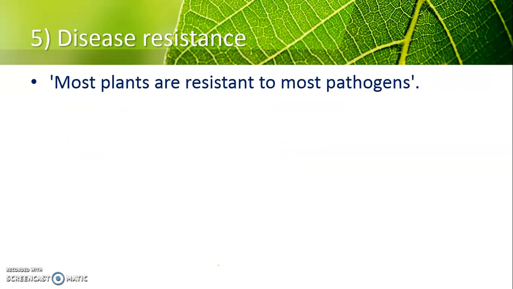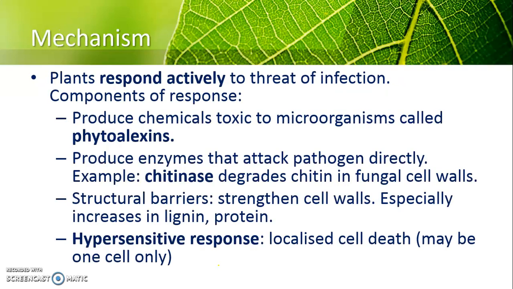Now, disease resistance. There is a saying that most plants are resistant to most pathogens. Why? Because plants are very clever, very brilliant. They are very protective of themselves as well. Just like humans, if we see any threats coming onto us, of course we will protect ourselves. It's the same with plants. When they see that there are threats coming to them, they will protect themselves. How?